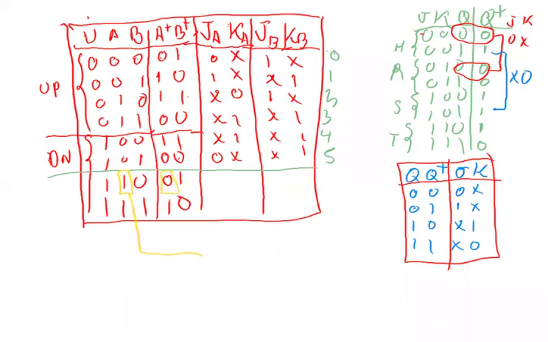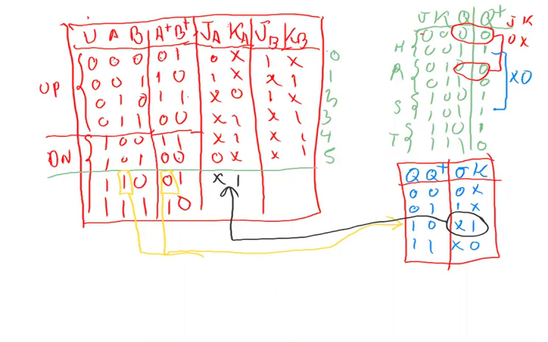So I take this yellow line in here. 1 to 0 is a transition. So I look over here and I say a 1 to 0 transition can give me an input for JK, which is equal to x1. So I go in over here and I write x1 right there.